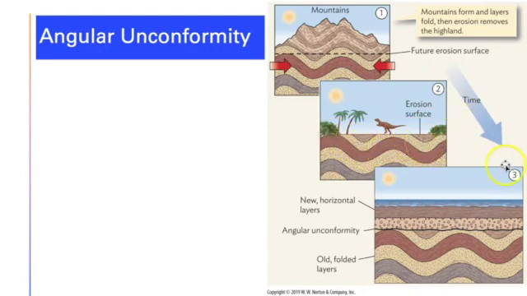Environmental conditions change over time, maybe sea levels rise, and sediment is deposited atop those older folded layers. These layers are tilting at a different angle than the layers above, so we call it an angular unconformity. The wavy line represents the unconformity or erosional surface.